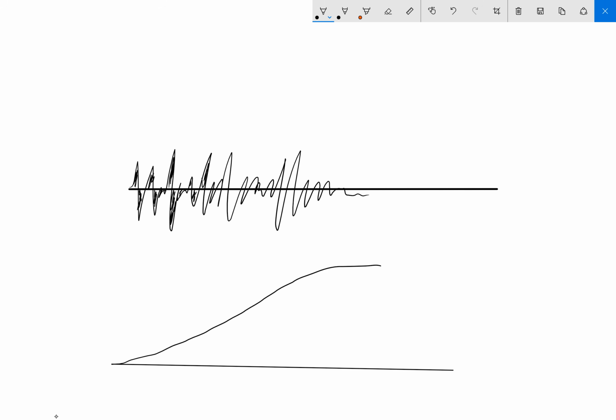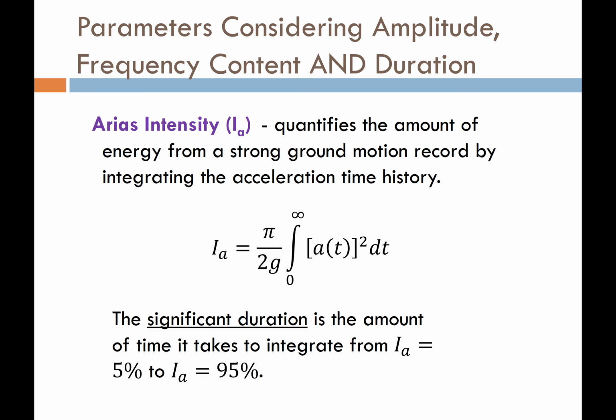We can plot it in terms of absolute Arias intensity, or we can plot it in terms of a normalized or percent Arias intensity, so that by the time it reaches the peak, it might be at 100%, and at the bottom it's 0%. Or we can actually show the actual computed Arias intensity. So here's the equation for Arias intensity. You can see where we get that.